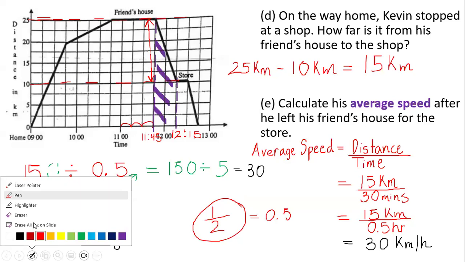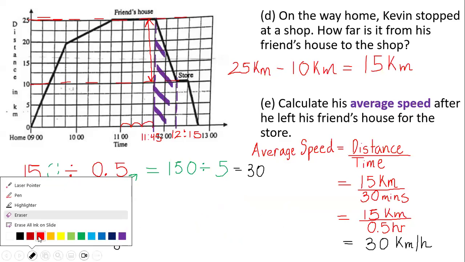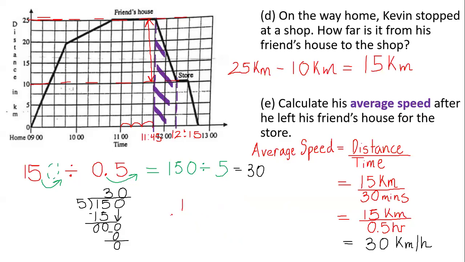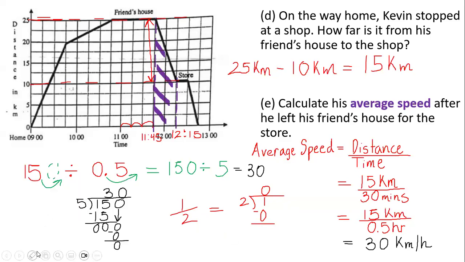So in order for us to do that, we just have to divide. That's basically converting a fraction into a decimal. So we have 1/2. Anytime you want to convert a fraction to a decimal, you divide it. So you say 2 into 1. 2 goes into 1 how many times? 0 times. 2 times 0 is 0. 1 minus 0 is 1.